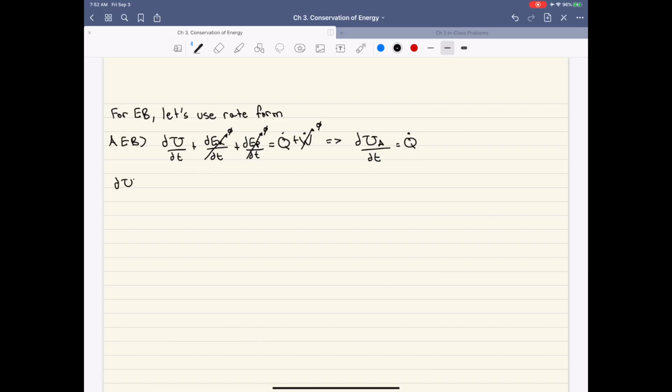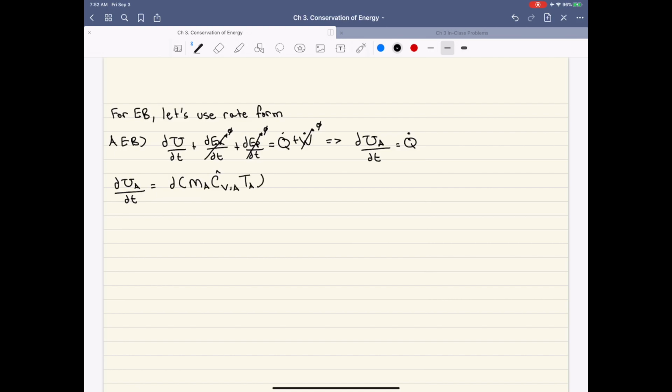If we take a look at the internal energy for the gas, we could write it in terms of its heat capacity. So d MA, I'm going to keep it in mass here. And the heat capacity for A, this is on a per mole basis, is this.